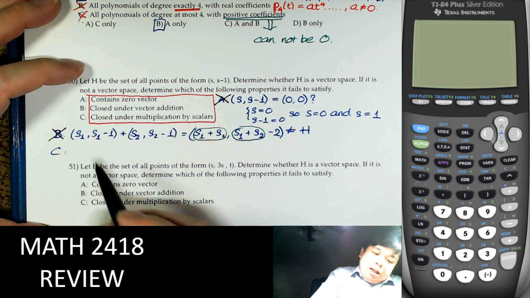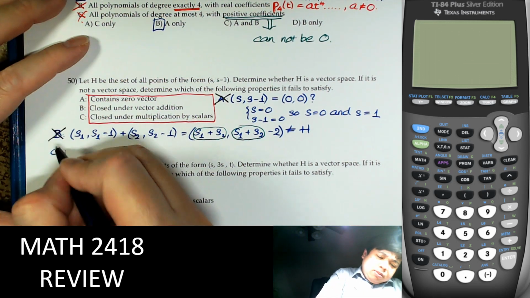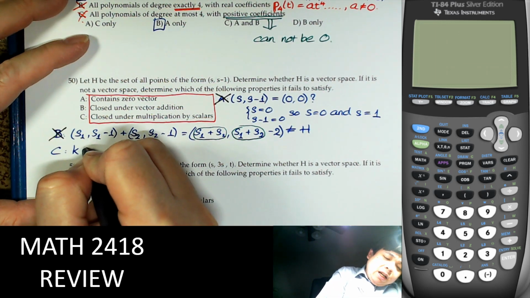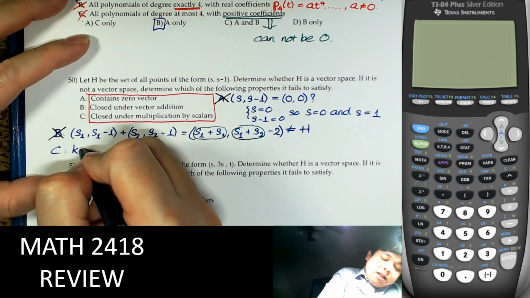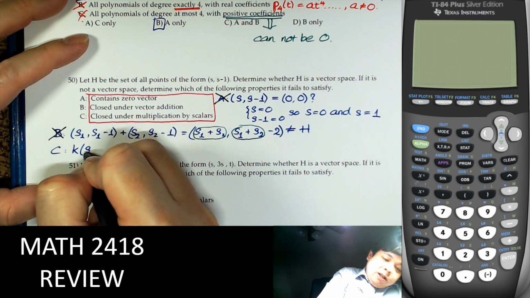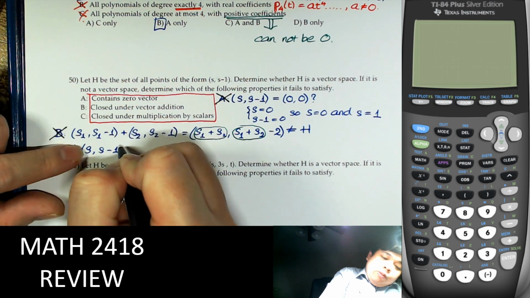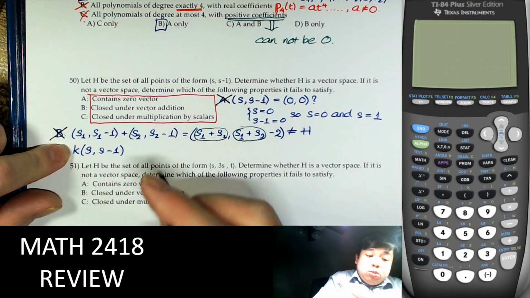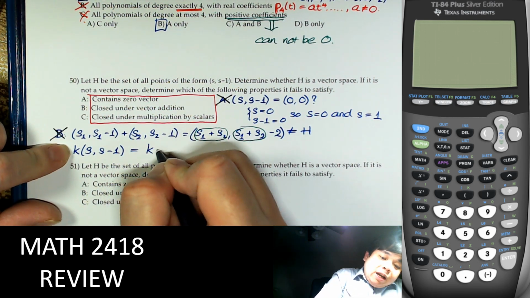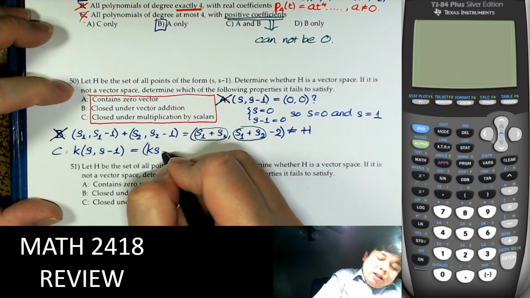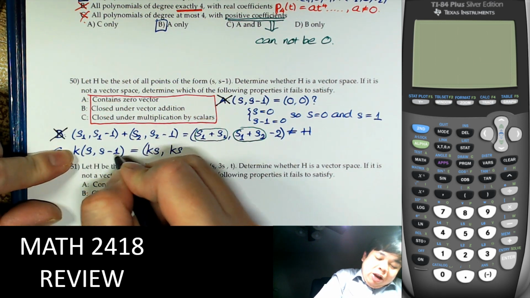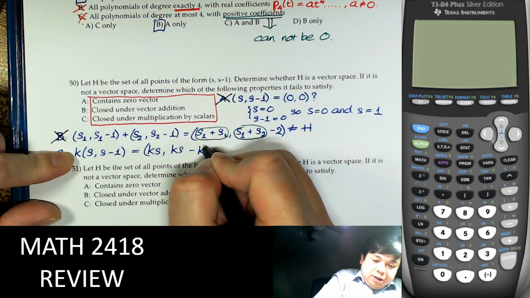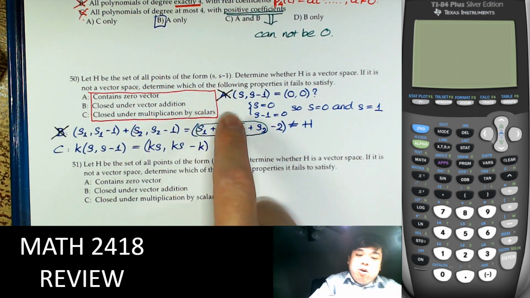C. Closed under multiplication. So if we have K times S, S minus 1, this is a vector in H. We multiply by K to it. We have KS and KS. Remember, we have to distribute. Now, this is not the form that we want.